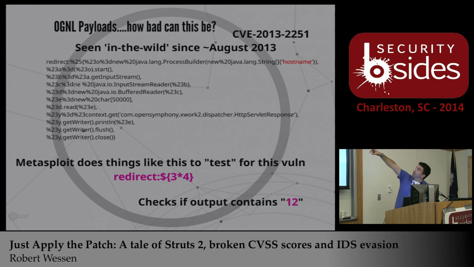And all this is doing, if you can read through it a little bit, is calling a Java process builder, feeding it the hostname command. And then if you looked at that other long line towards the middle of the slide, it's grabbing the servlet response and just shoving the output of the hostname command into the servlet response and feeding it back to you. So the channel that the attacker gets the information back on isn't a reverse shell or something like that.